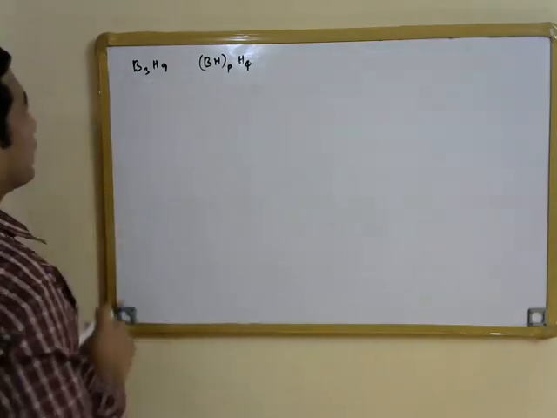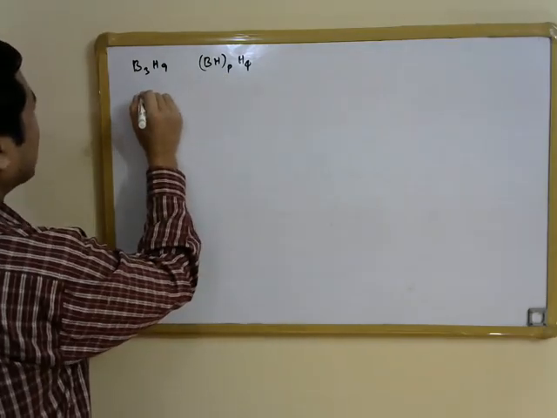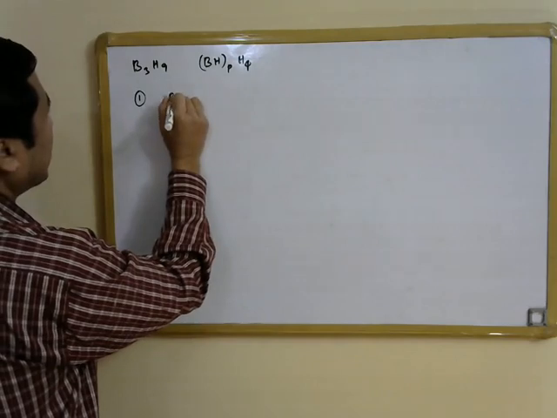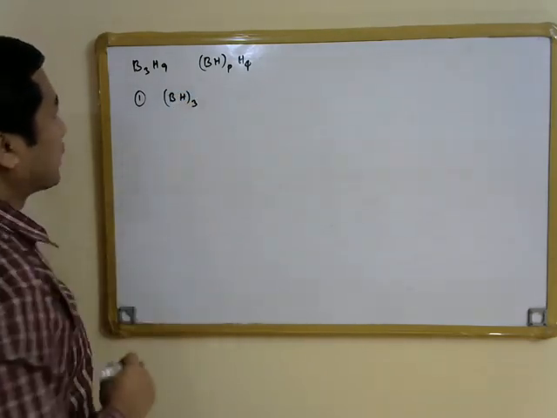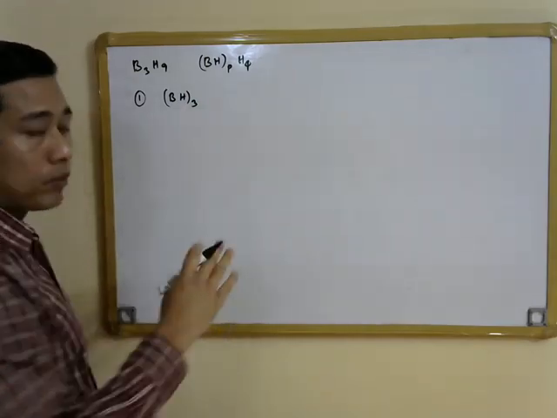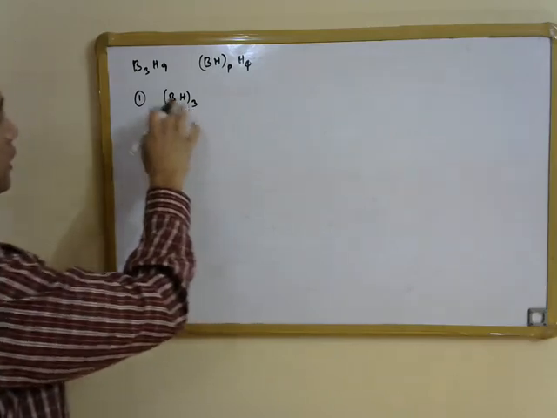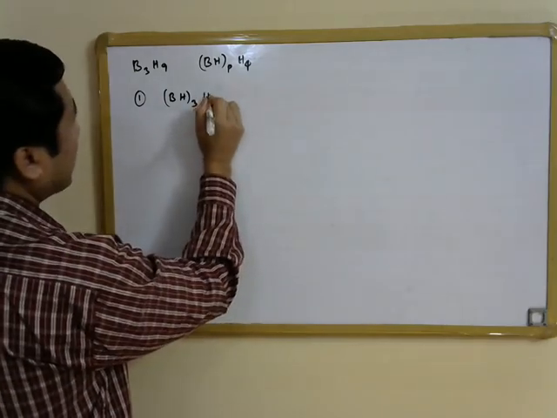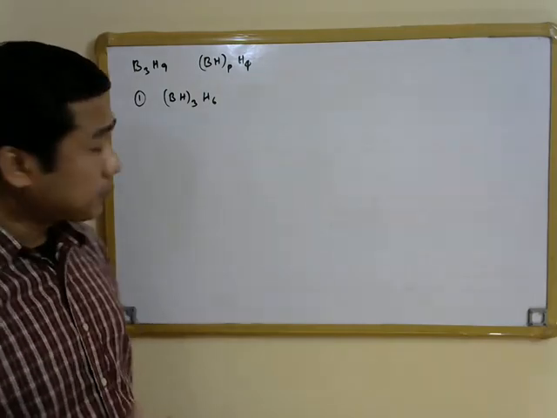So when we try to write the formula of B3H9 in this format, in step 1, because there are 3 boron atoms, we can write BH3. We can assign one terminal hydrogen atom to each of the 3 boron atoms, and then we are left with 6 additional hydrogen atoms.